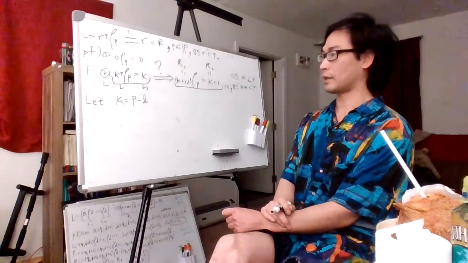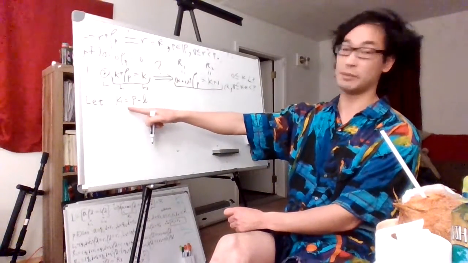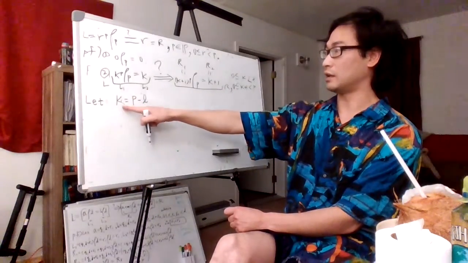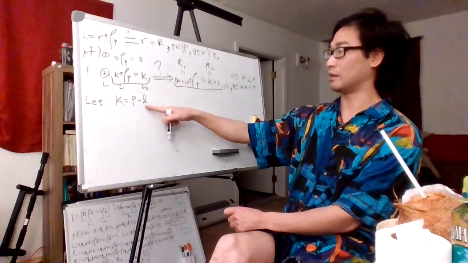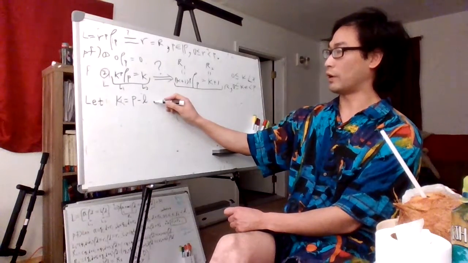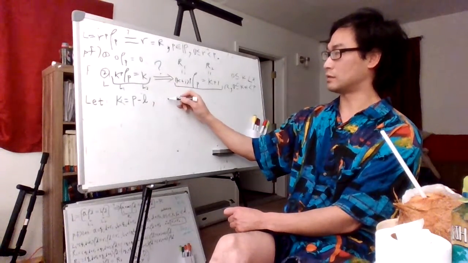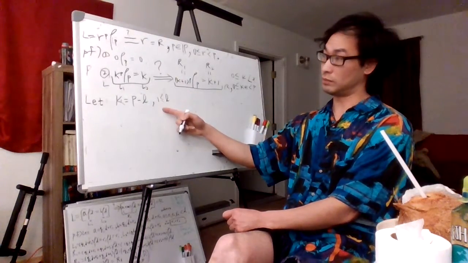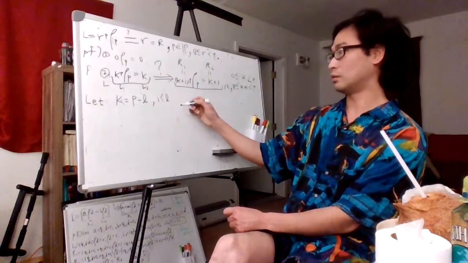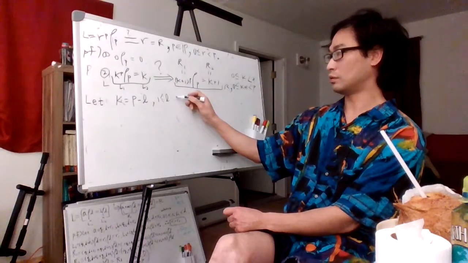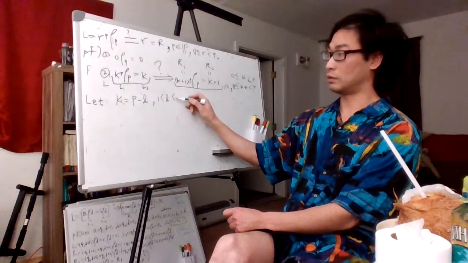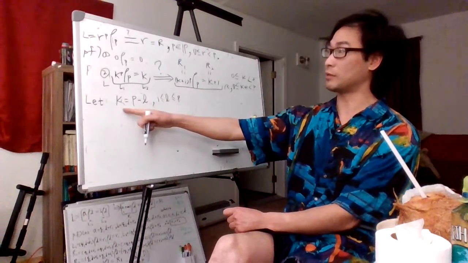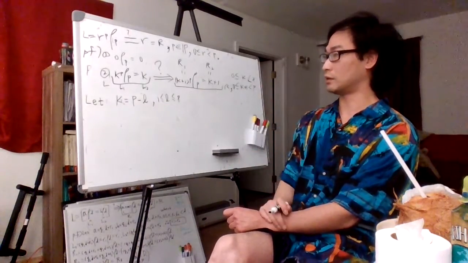K is less than p, it's like a remainder. So then we can express k in terms of p minus l, where l is 1 through p, right? Because k can be 0, right? Yeah, okay.